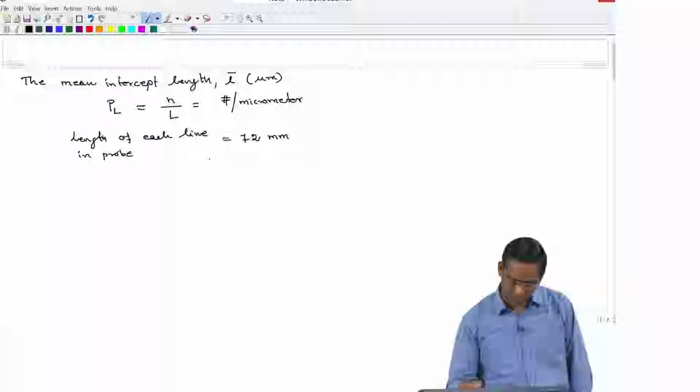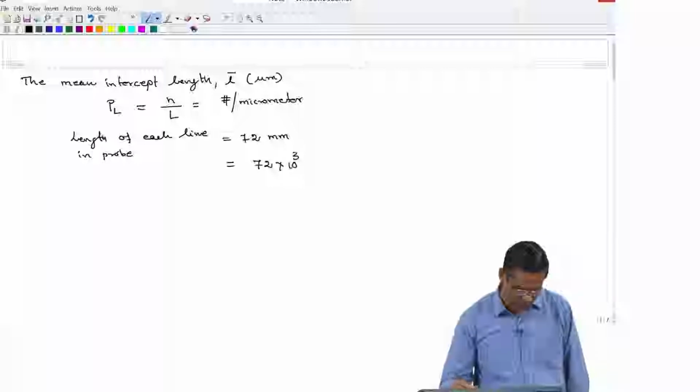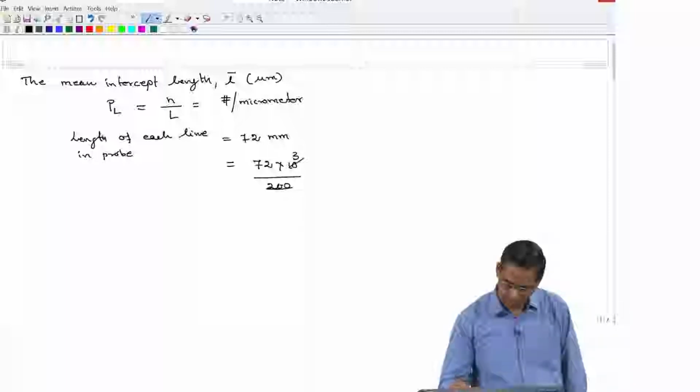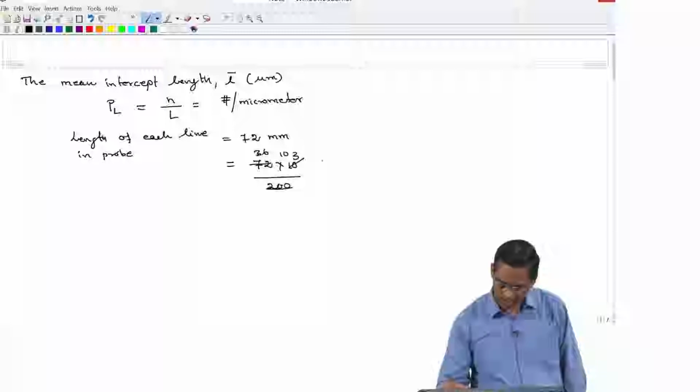So, we can convert that into 1x. How can we do this? We are interested in microns, so you can do this calculation. This will cancel out, and this is about 36. So, you get around 360 micrometer.